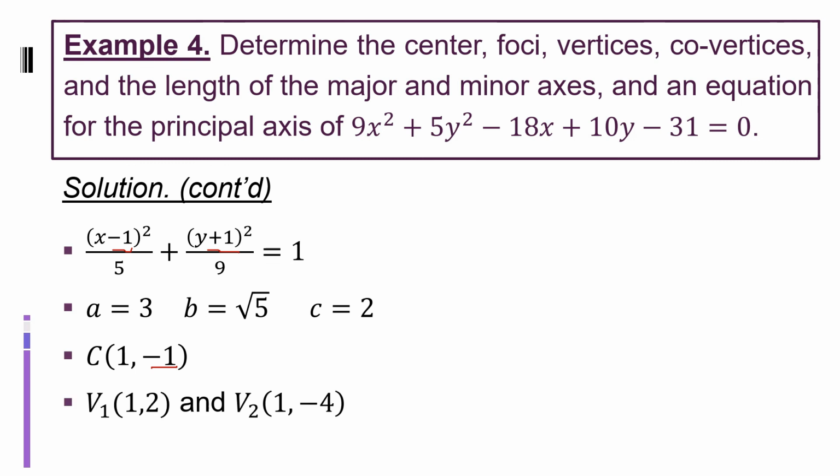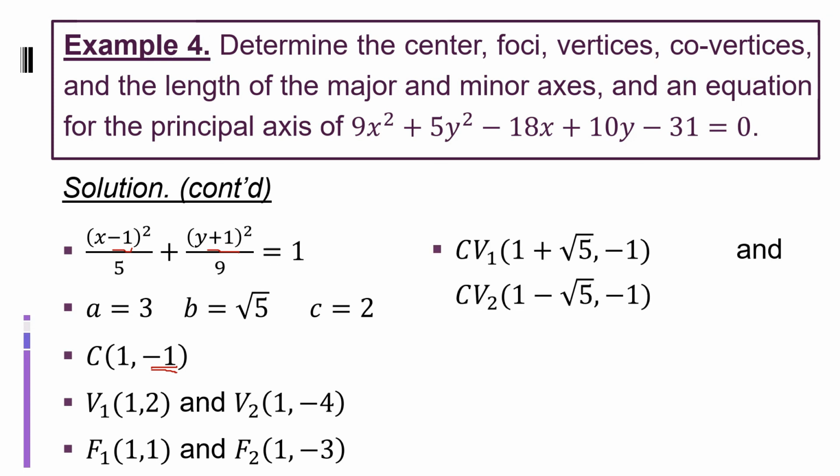So we have 1, negative 1 plus 3 is 2, and our vertex 2 is 1, negative 1 minus 3 is negative 4. For our foci, again, since vertical ito, so doon ulit tayo sa ating y magpa-plus or minus ng 2. So 1, negative 1 plus 2 is 1, and we have 1, negative 1 minus 2 is negative 3.